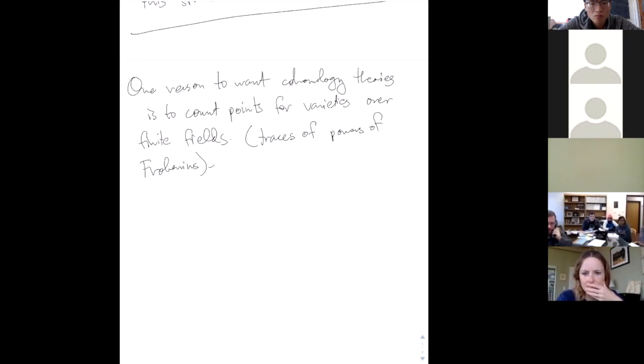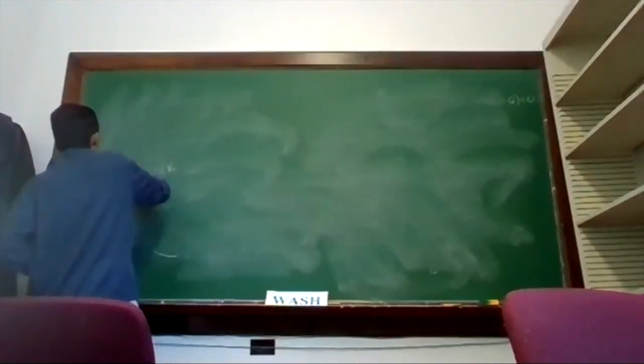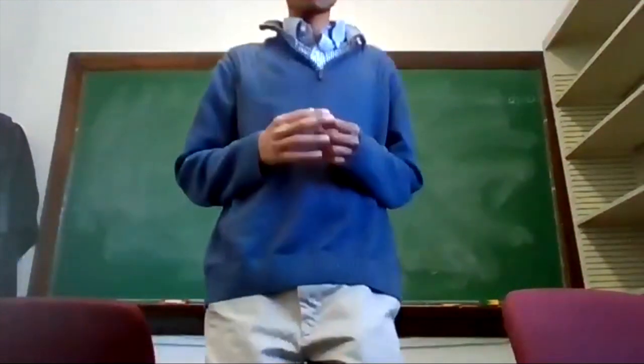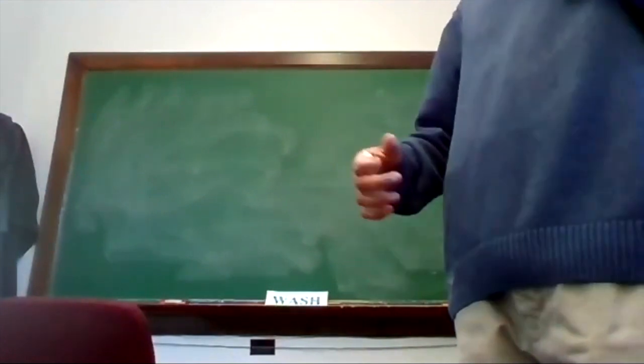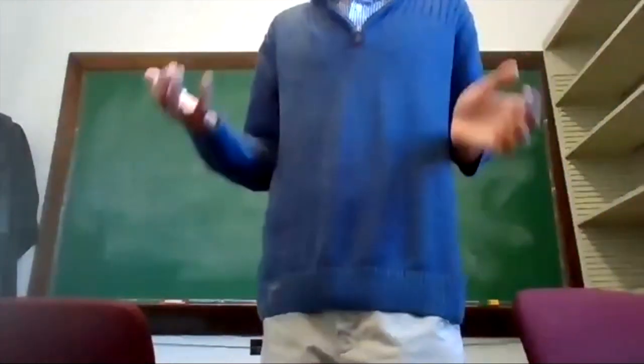In general, one of the motivations for cohomology theories is that you want to count points on algebraic varieties over a finite field. For example, this is one of the reasons that L-adic cohomology was invented.